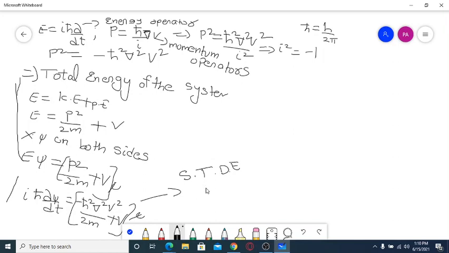For the Schrodinger time independent equation, we remove the time dependent term.